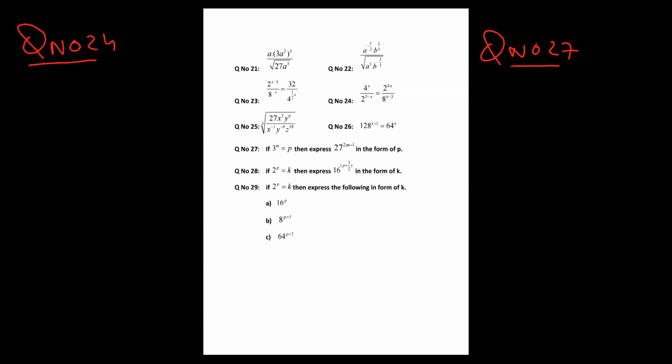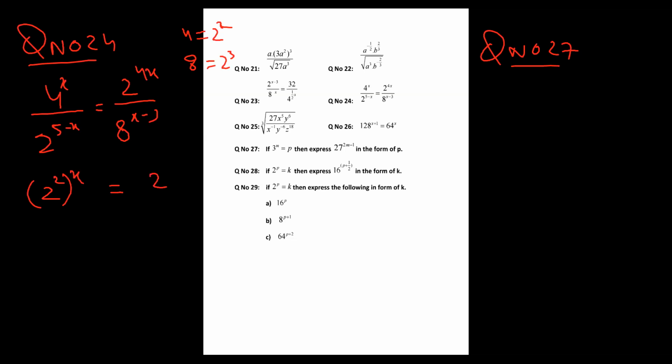24 is what? 4 to power x, 2 to power 5 minus x, 2 to power 4x, and 8 to power x minus 3. And what is 4? All of you know 2 to power 2. And what is 8? All of you know 2 to power 3. So I can replace.